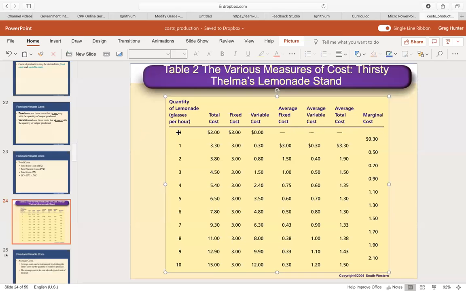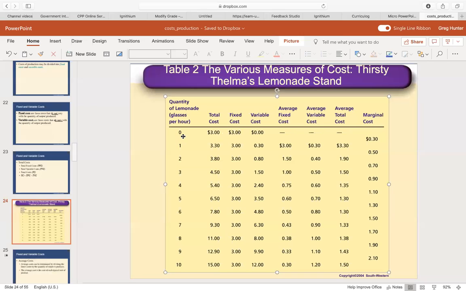And so if you notice at 0, there are no variable costs, they're only fixed costs. And so the total costs are just those fixed costs. So fixed plus variable, 3 plus 0 is 3. So at that point in time, marginal is not defined because we're not producing anything.